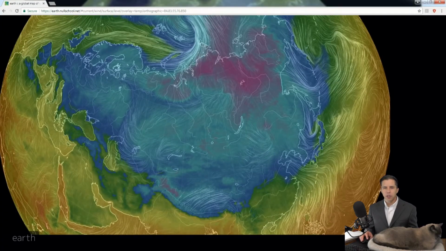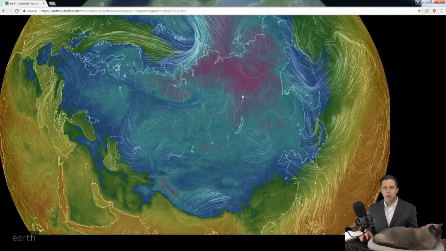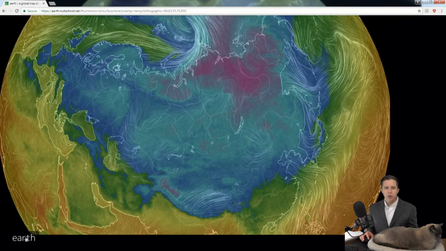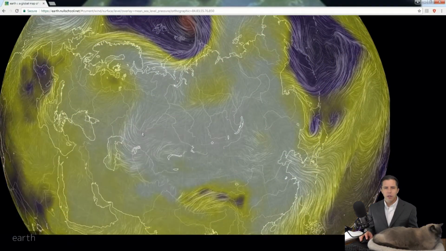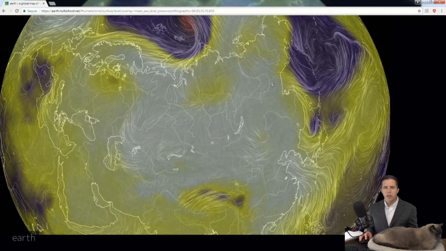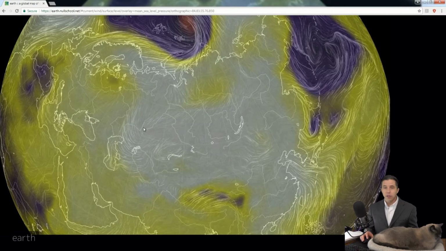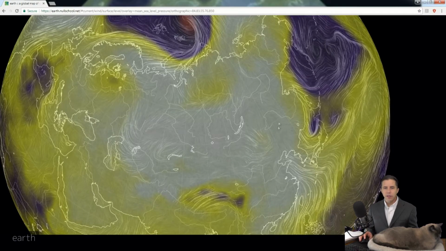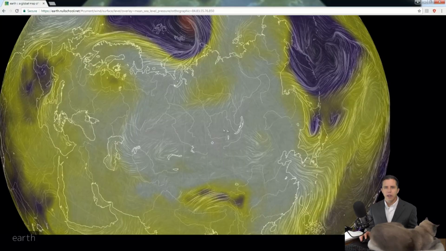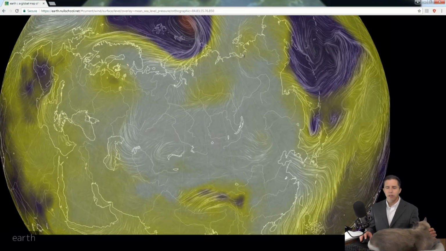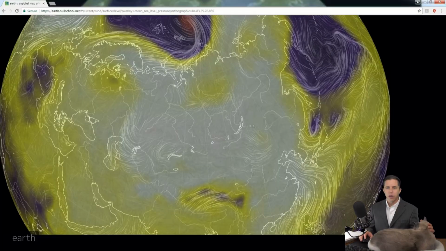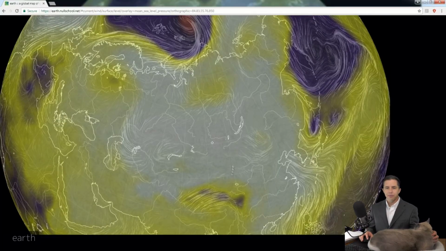So that purple, that's really cold air that's coming down from the North Pole. All right, I'm going to switch it to MSLP again for sea level pressure. You notice that this whole blob is now white. That tells us it's high pressure. This is an example of a cold core high. So this is a high pressure due to really cold air that's sunk down, again, from the North Pole, and it settles over the Asian continent.